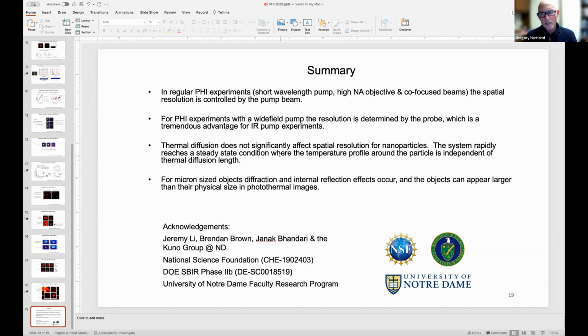So maybe we should be trying this with an infrared source. But the signal to noise in these images, even though the objects are large, is not all that great, and so the phase images were not very good. We also tried to do this in X and Y, which is maybe even better than the phase imaging, and that also was quite noisy and difficult to reproduce. The phase imaging would be interesting, and maybe we should try that again, because in principle it gives you information about time constants. That's been well established in photothermal microscopy. But the images weren't all that great.